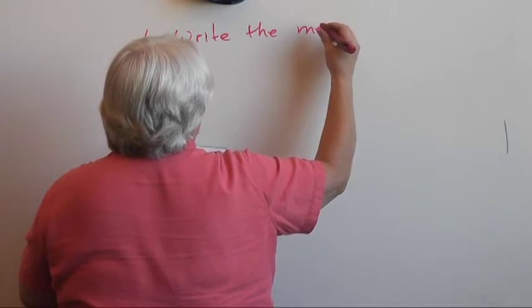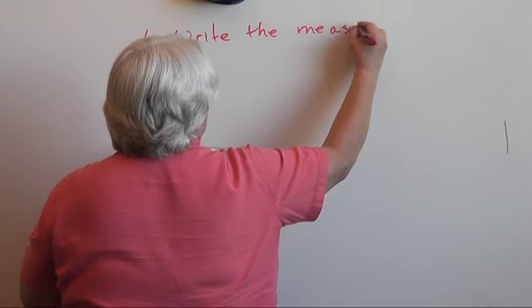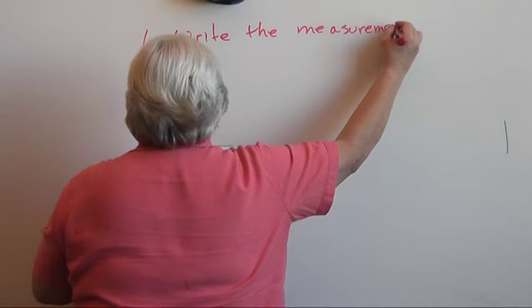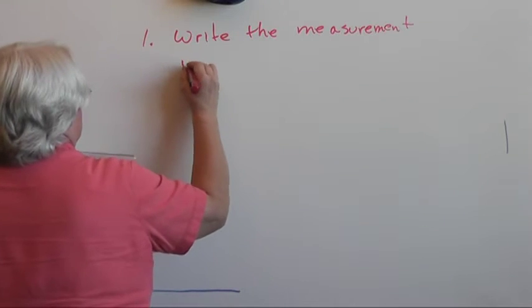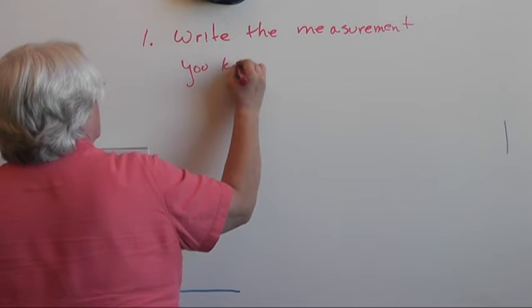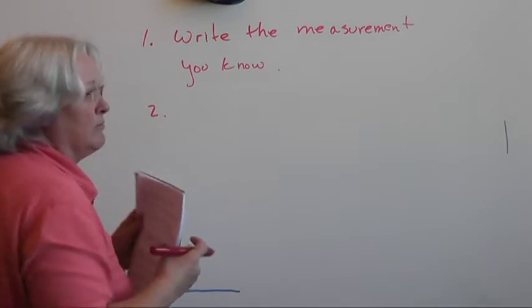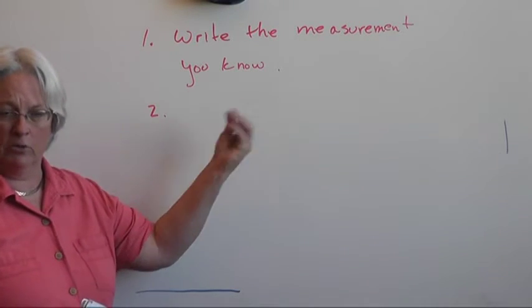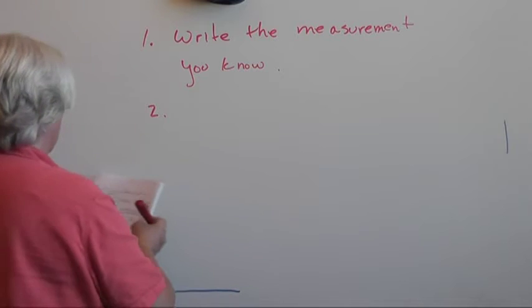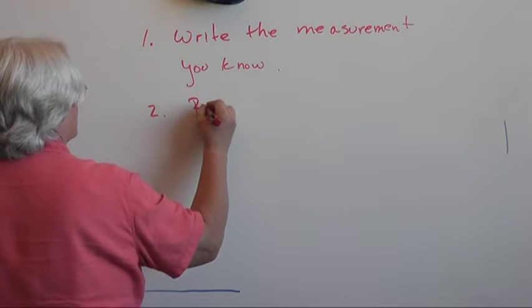Okay, 15.1 meters. Write the measurement. That makes a whole lot of sense. Write down what you have. Second, you're going to want to rewrite that as a fraction. Make it a rational number. Rewrite as a fraction by dividing by 1.